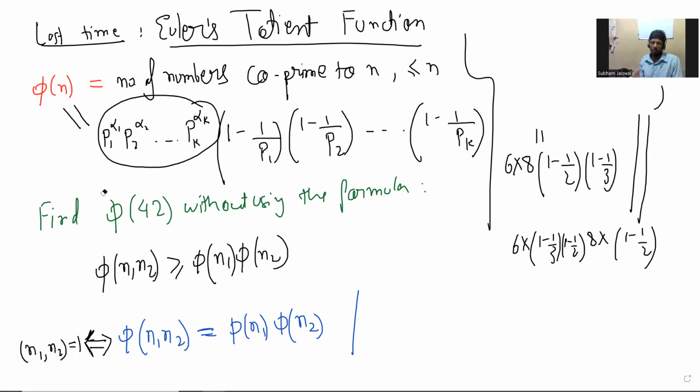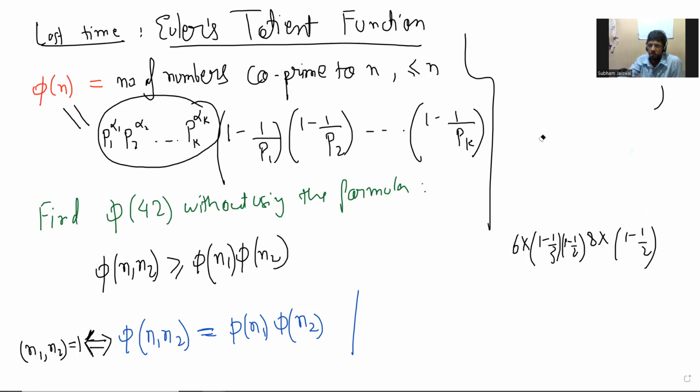Why phi of n1 times n2 is at least phi of n1 times phi of n2. It is already there in the explanation we have given. So that's why I'm asking, so you can think and see.